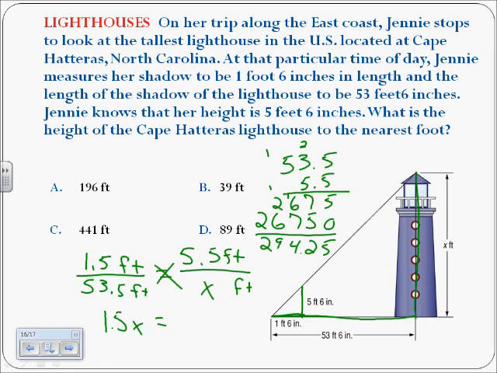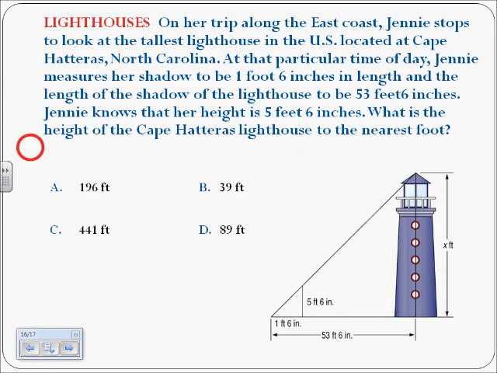Should be 294.25 then. 294.25, and we divide that by 1.5. We should be left with our final result, which is 196 feet. And again, same proportions as the previous problem.